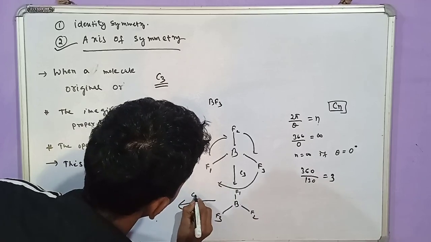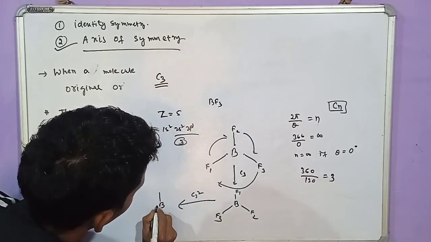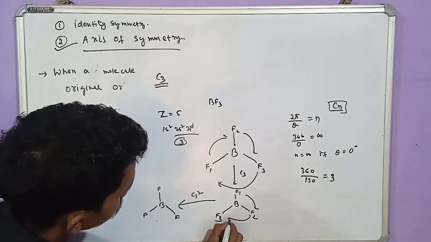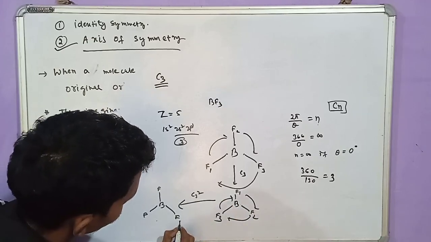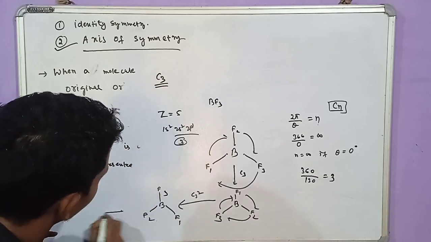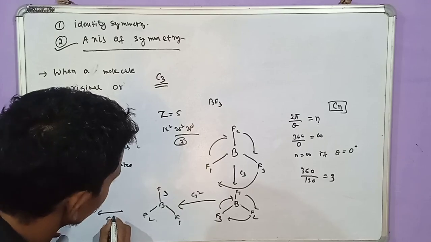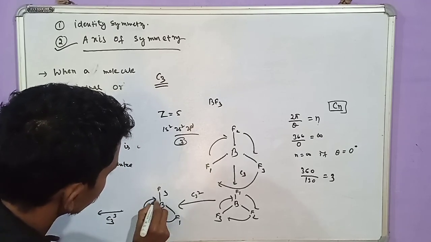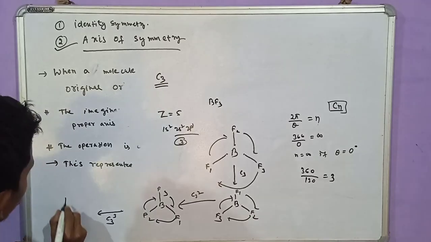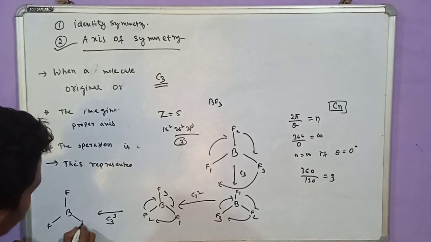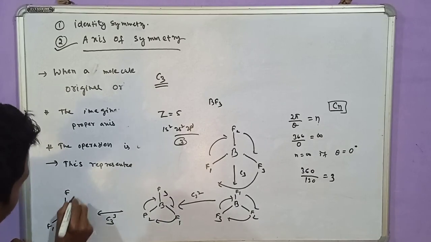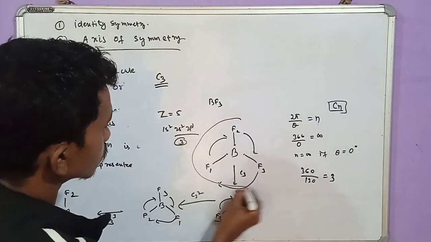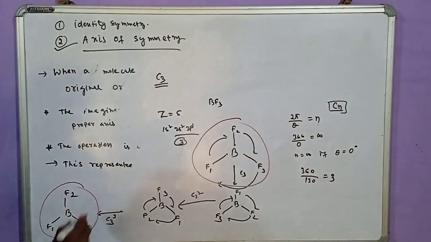Again if we pass C3, then this will come here, this will go here, this will go here, meaning here will be F1, this F2, this F3. Again another rotation, then this will go here, this will go here, meaning here F3, F1, F2. So you see that this molecule and this molecule are the same, meaning identical.